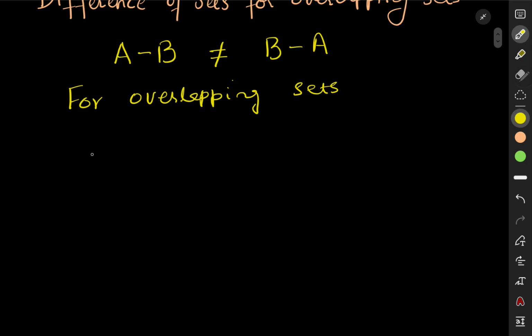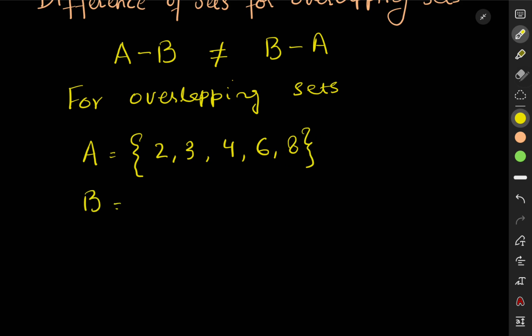If we have set A, which is 2, 3, 4, 6 and 8, and the B set has members 4, 6, 8, 10, 12 and 14.